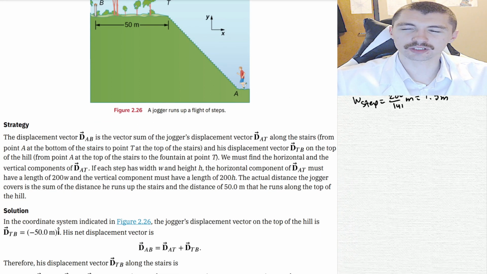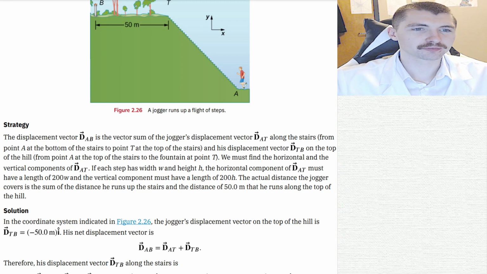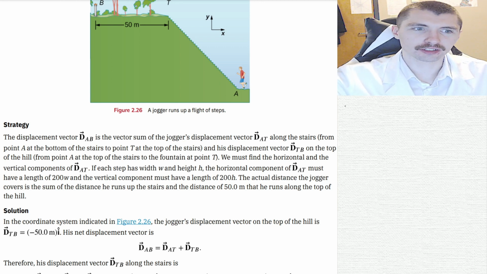So that was our attempt. I don't know if it was a very good one. Okay, so what is it saying?